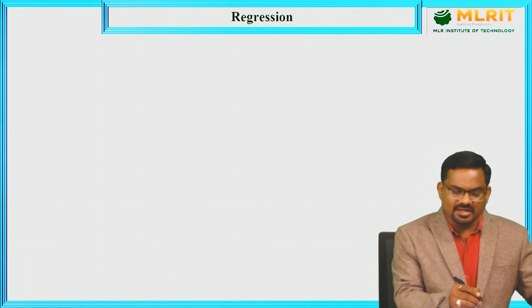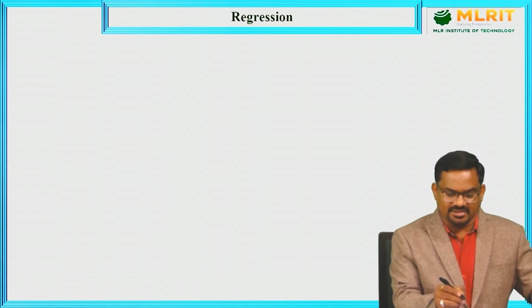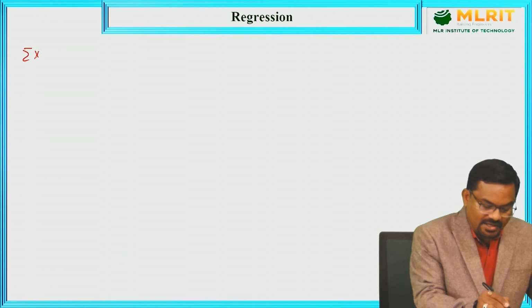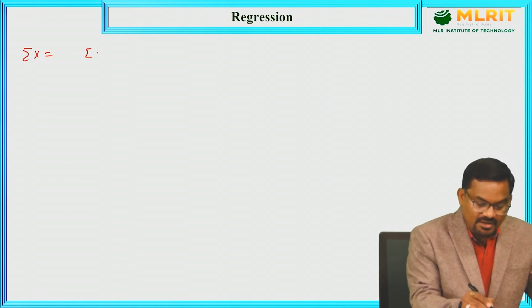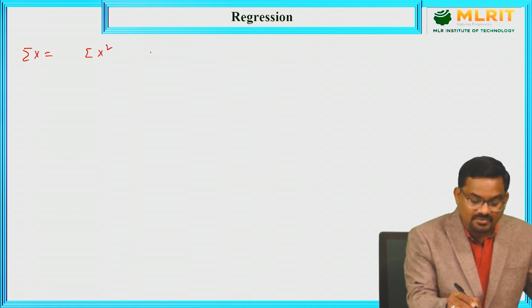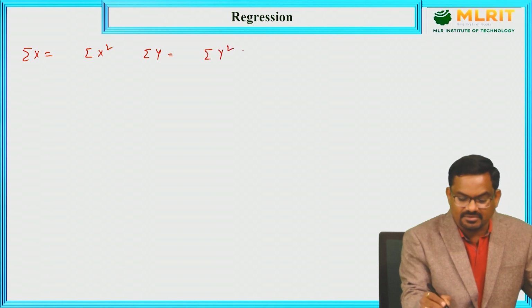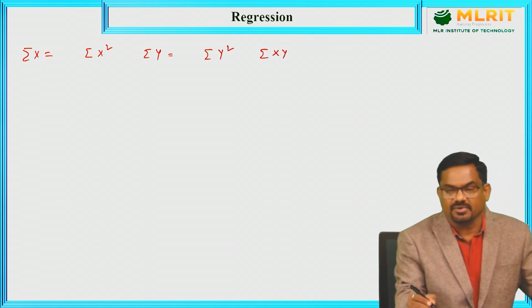To find the regression coefficients Bxy and Byx, first let us write all the values: sigma capital X, sigma capital X square, sigma capital Y, sigma capital Y square and sigma capital XY.